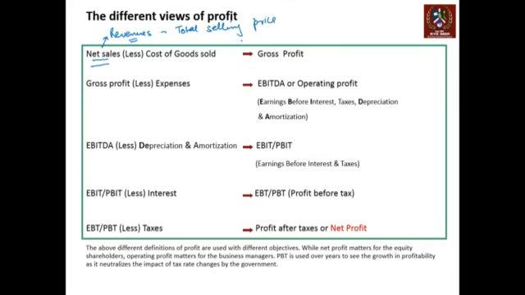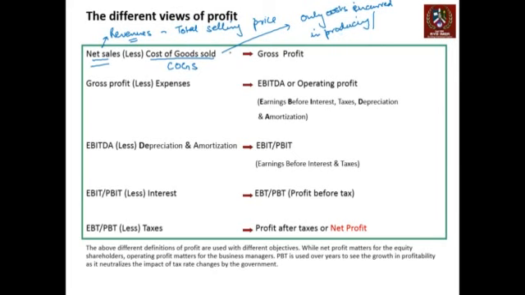Now, from this total selling price, if you remove the cost of goods sold, this is also known as COGS. Cost of goods sold is only the cost incurred in producing the good or service, right? So producing is what is cost of goods sold.